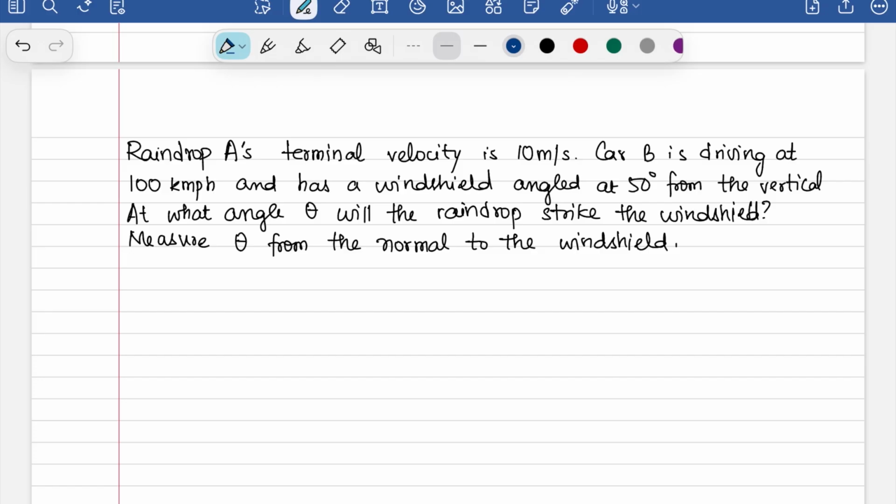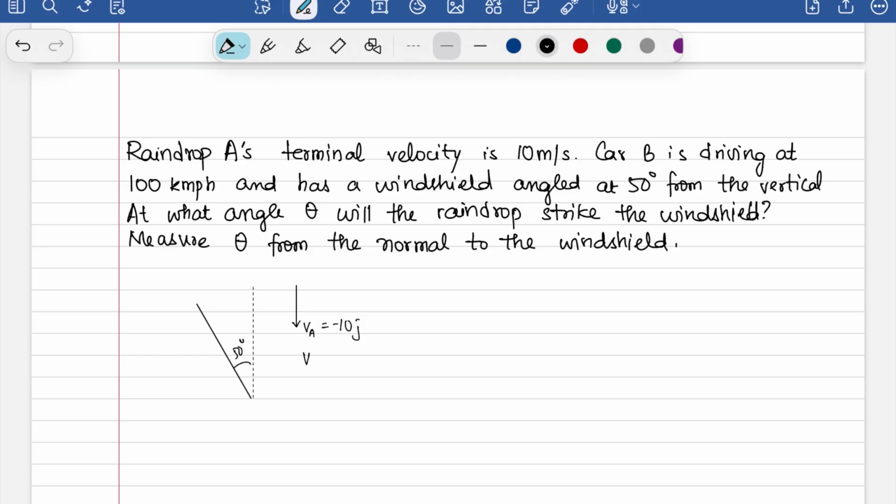Okay, so I am keeping the windshield orientation this way, 50 degrees with respect to the vertical. You have the velocity of the raindrop as 10 meters per second downwards. That would be minus 10 j hat.